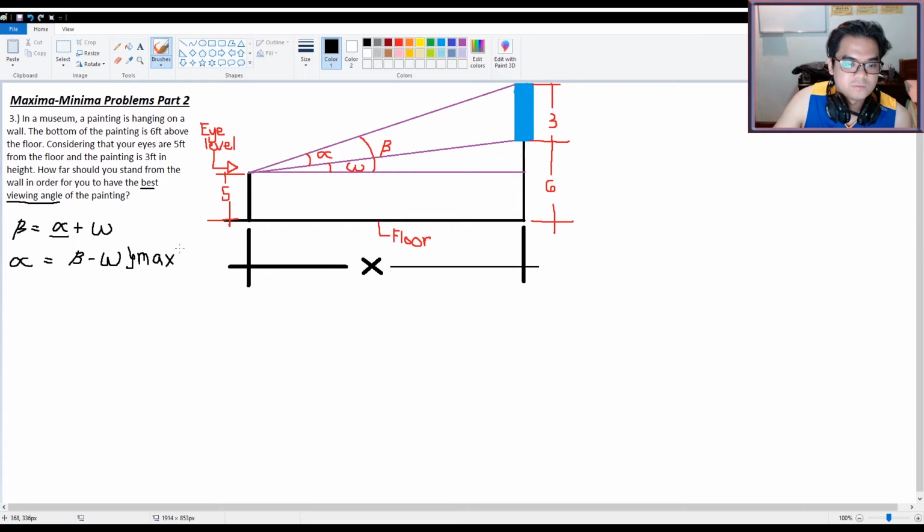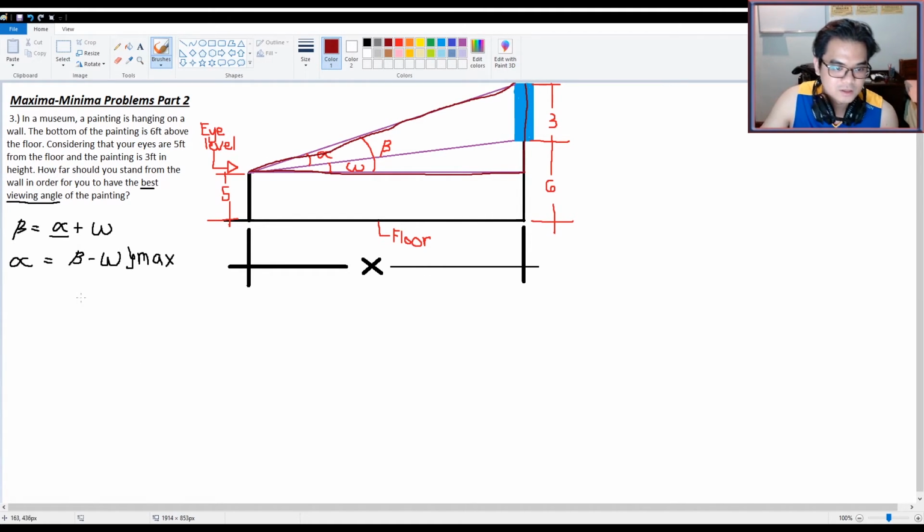Then again, you have here two variables, beta and omega. So again, you have to express this equation in one variable only. So we can use this triangle, the big triangle.